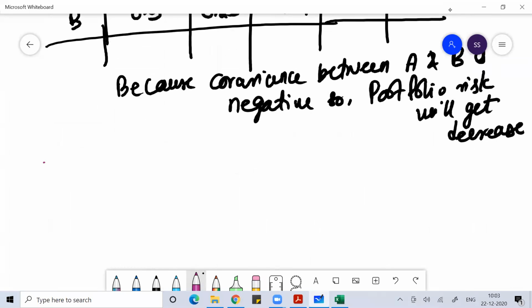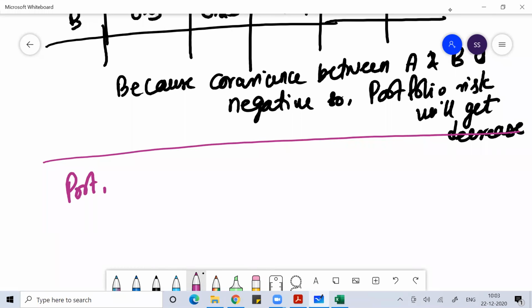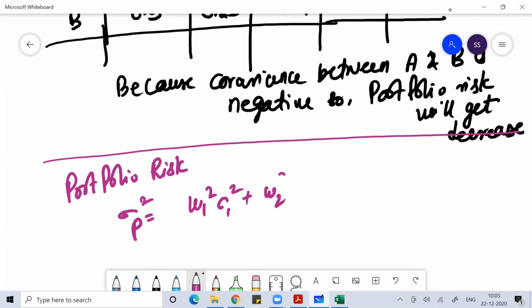So when we talk about portfolio risk, the variance of the portfolio is W1 square into sigma 1 square plus W2 square into sigma 2 square plus 2 W1 W2 into covariance between 1 and 2.